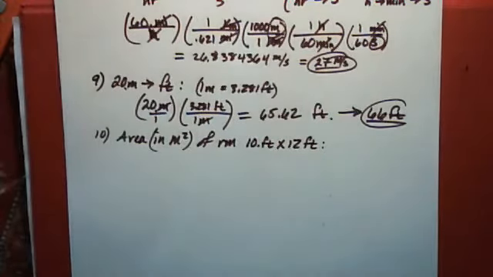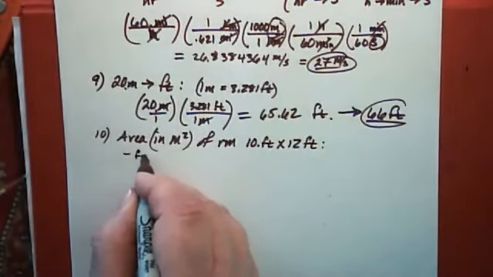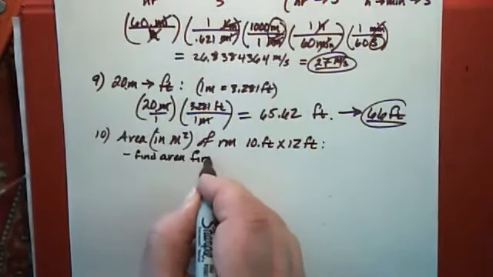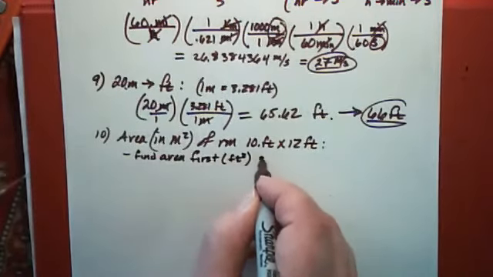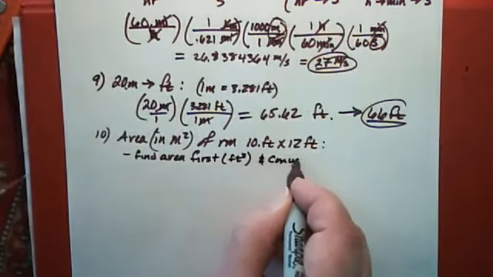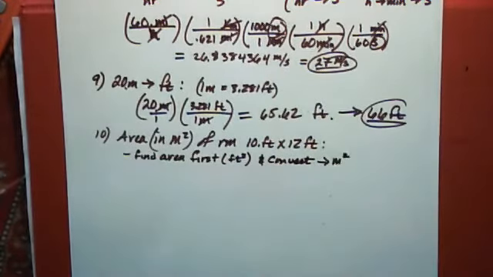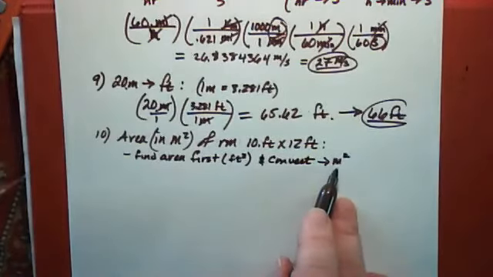Oh, okay. Well, let's see. There are a couple different ways you can do it. One way would be to find the area in square feet first and then convert to square meters.